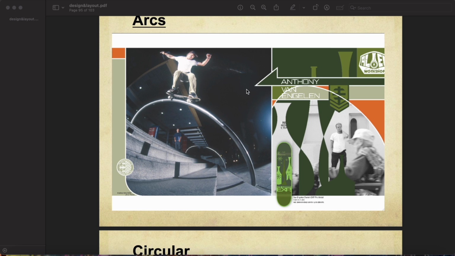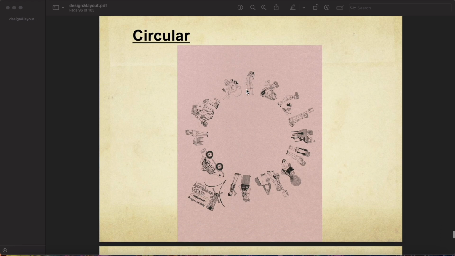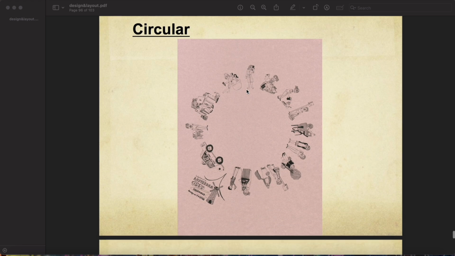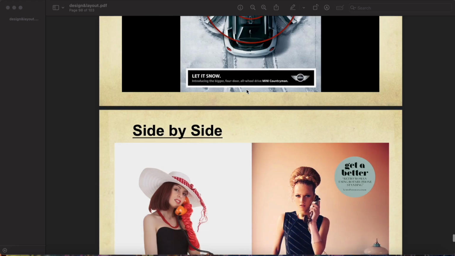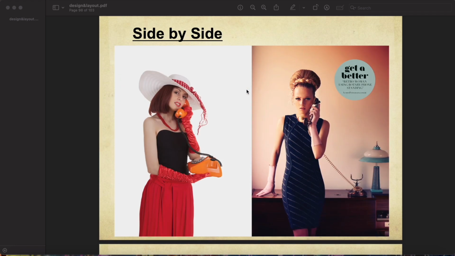Arcs feel very modular, grid-like, except there's arcs, which really break up that linearness and create a lot of interest. So there's arcs, there's circular. This is also a very great example of circular. There's side by side.